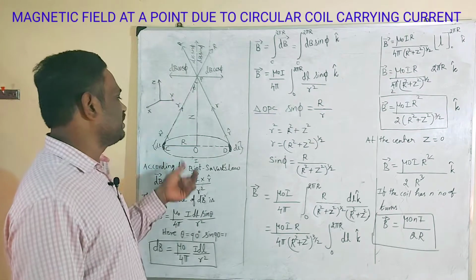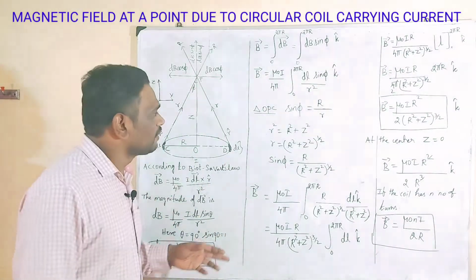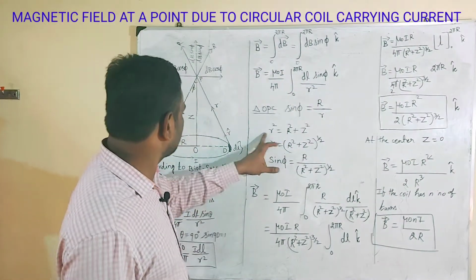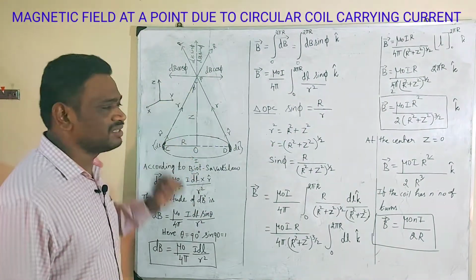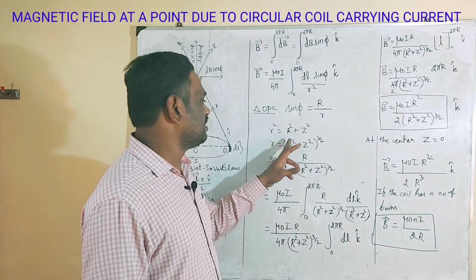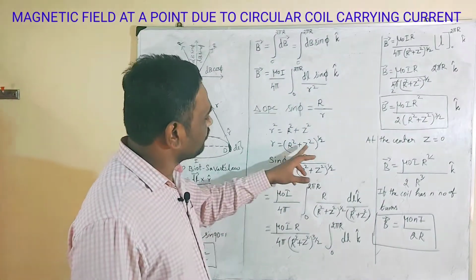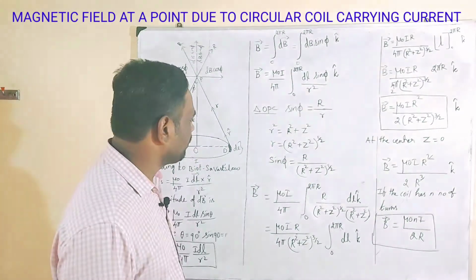It means CP square is equal to CO square plus OP square. So r square is equal to capital R square plus Z square. And if we remove the square, then we will get root of R square plus Z square. Instead of root, I am going to use whole power 1 by 2.